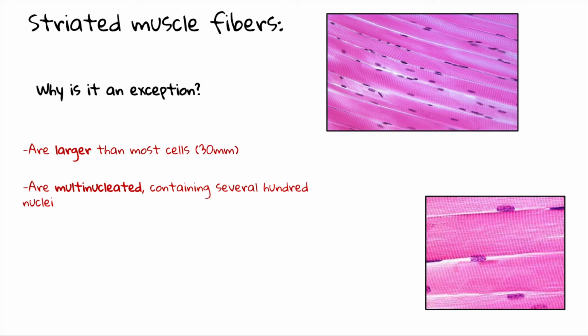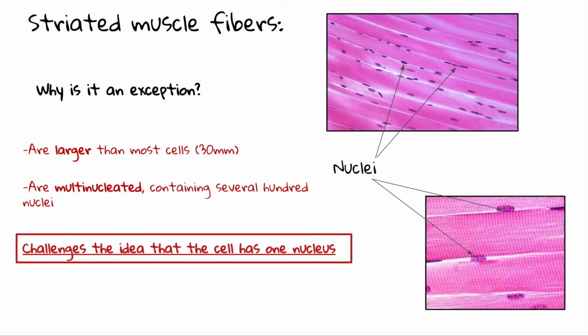This is a key word, so I would advise you to learn it: multinucleated. So as you can see in this image, there are many nuclei inside of one cell, and there's no division between the nuclei. So it challenges the idea that the cell has one nucleus.